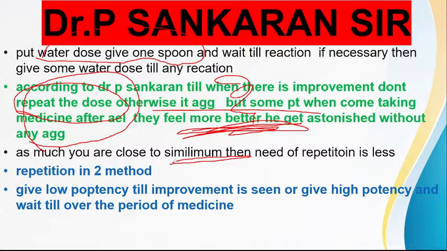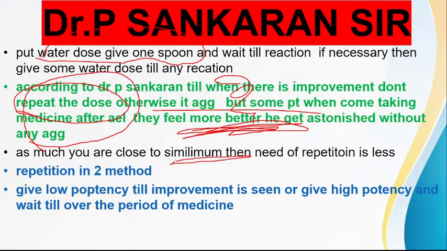Doctors like Dr. Boger, great homeopaths who can easily find the simillimum, repeat their medicine less. So repetition is needed when we are not sure about our simillimum, when the patient can be Natrum muriaticum or probably Sepia, and at that point you can repeat your medicine.